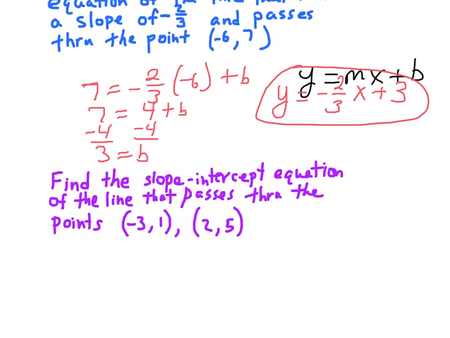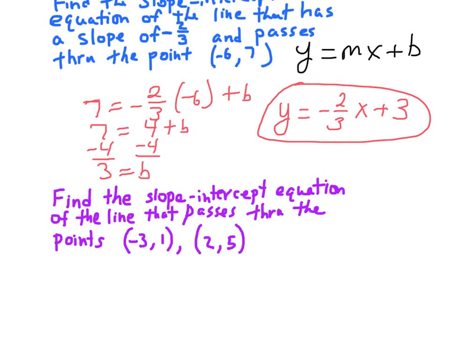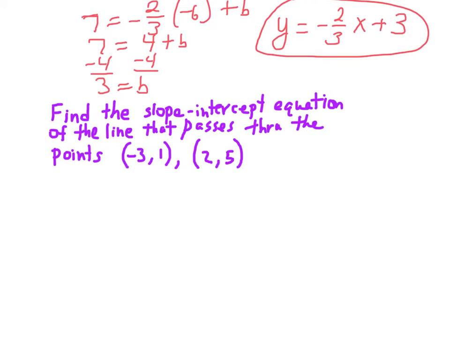So let's do this next one here. You have: find the slope-intercept equation of the line that passes through these 2 points. Now we're no longer given the slope and we're given 2 points, so more than we need, but we are going to have to find the slope here.